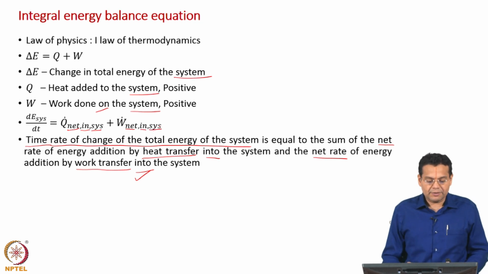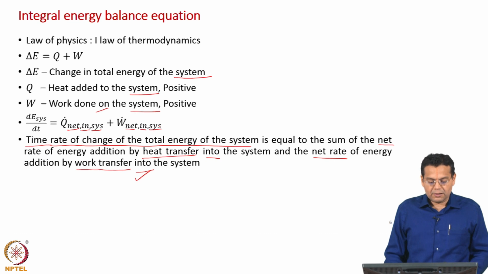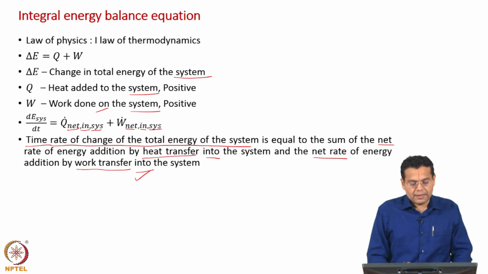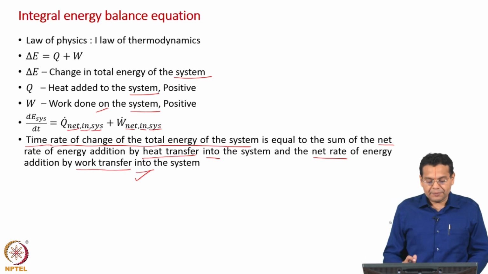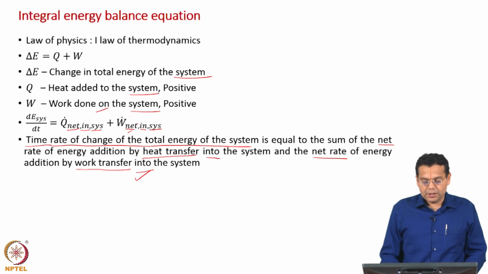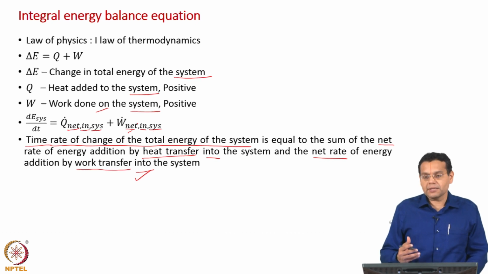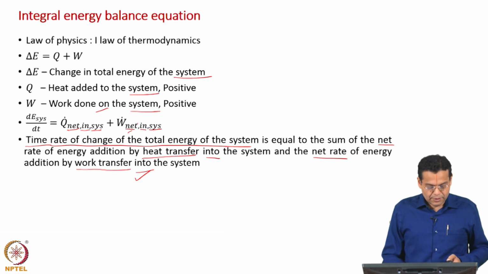So that is a very clear description of the terminology in terms of subscripts. One is net, which tells about both heat added and removed, the net heat added taking into account the heat addition and the heat removal. Similarly, this net represents the net rate of work done on the system, taking into account work done on and by the system.